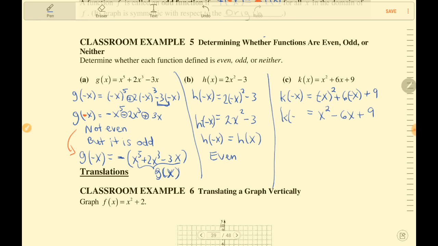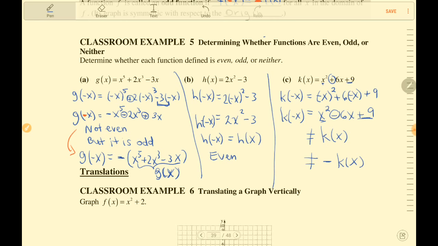So k of negative x is not equal to k of x, the original, because this sign is different here. And it's also not equal to negative k of x, because if it was, then every single sign would have changed, and the first term's sign is still positive, and the last term's sign is also still the same.